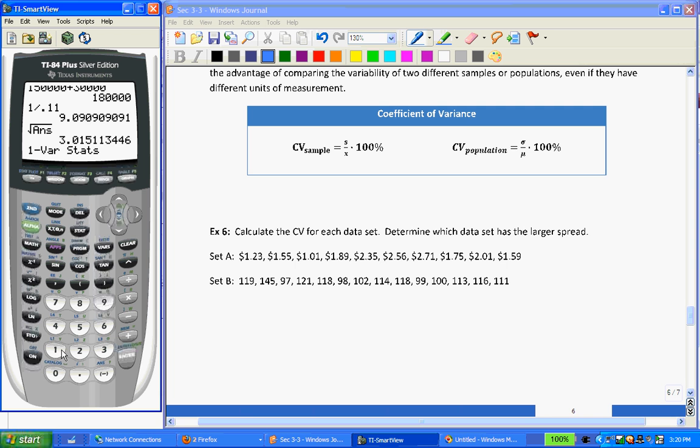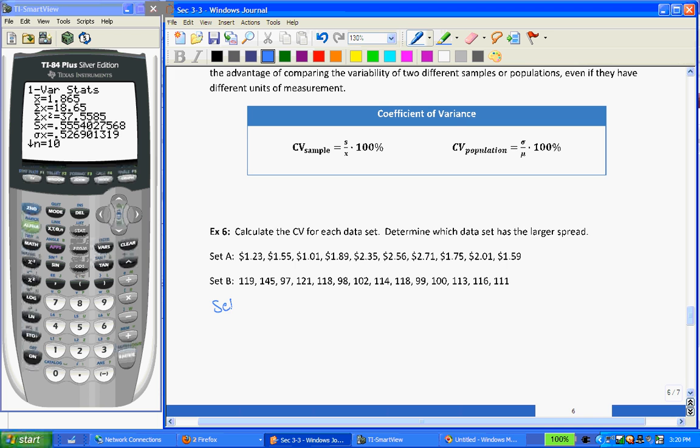So first, for that first set, set A, the mean is 1.865, and we're going to assume this is a sample. The sample standard deviation is 0.555, and I'm going to try to carry as many decimal places of that as I can.